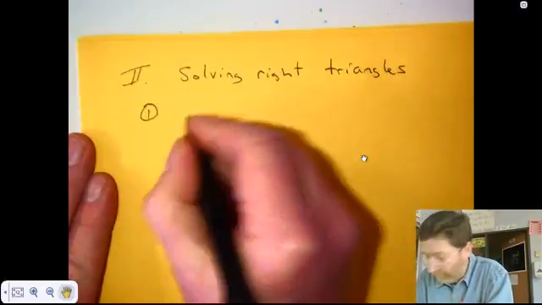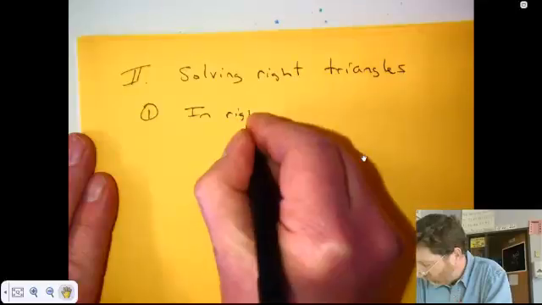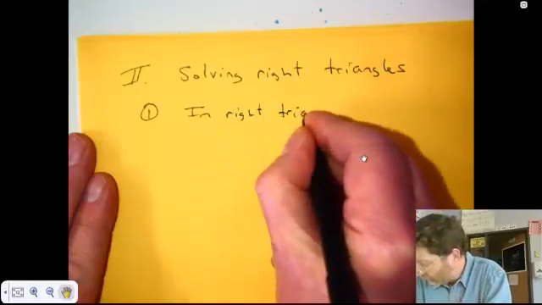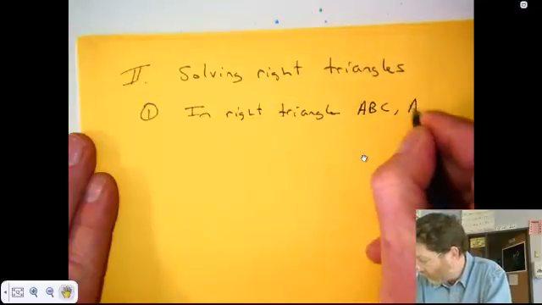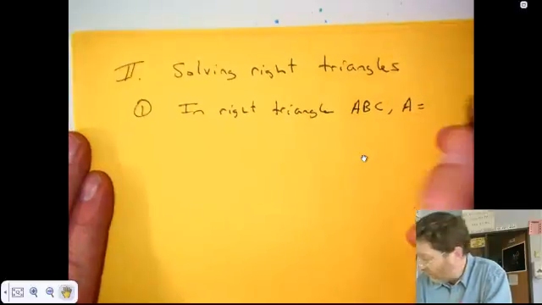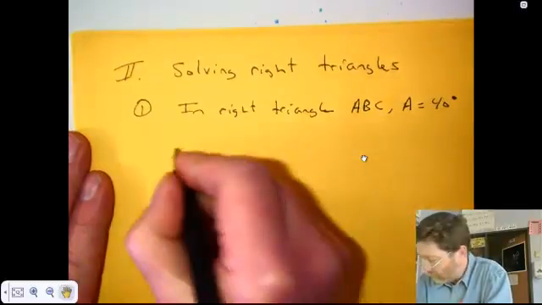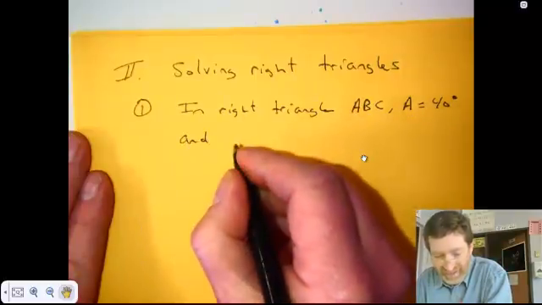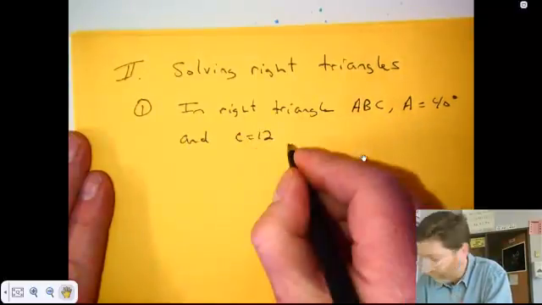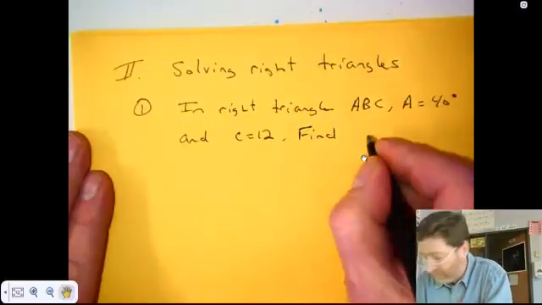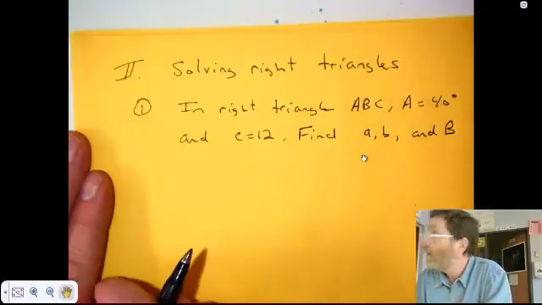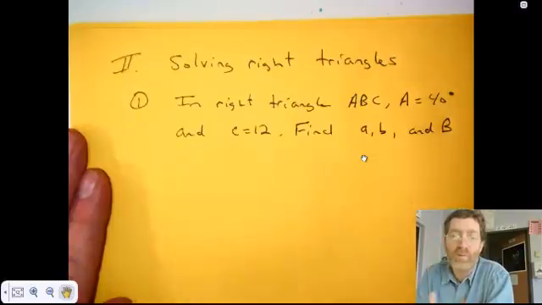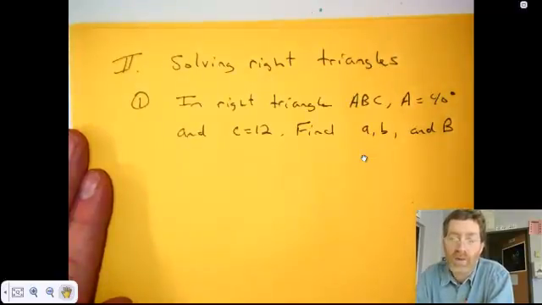First one, in right triangle ABC, capital letters are angles, so angle A is 40 degrees, and side C is 12. So I'm going to find sides A and B and angle B. So for right triangles, all we have to be given is two things, and we can find everything else. In this case, we're given angle A and side C.